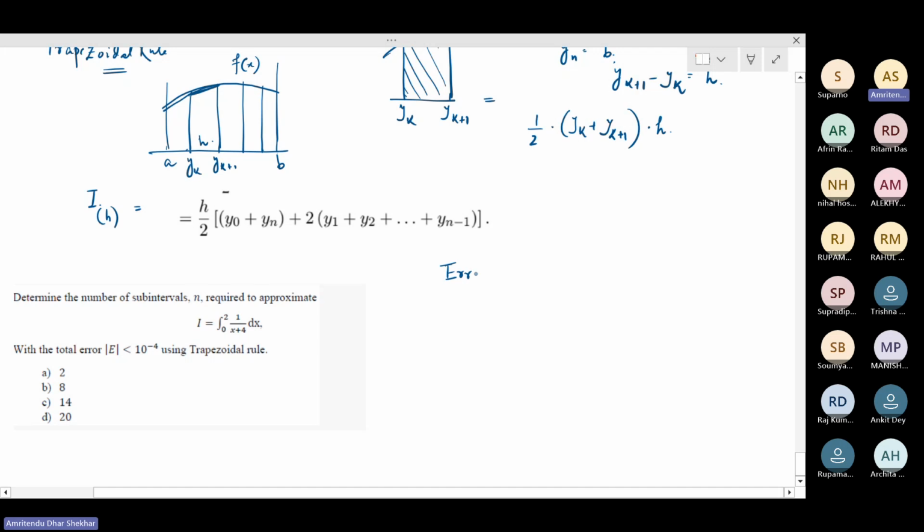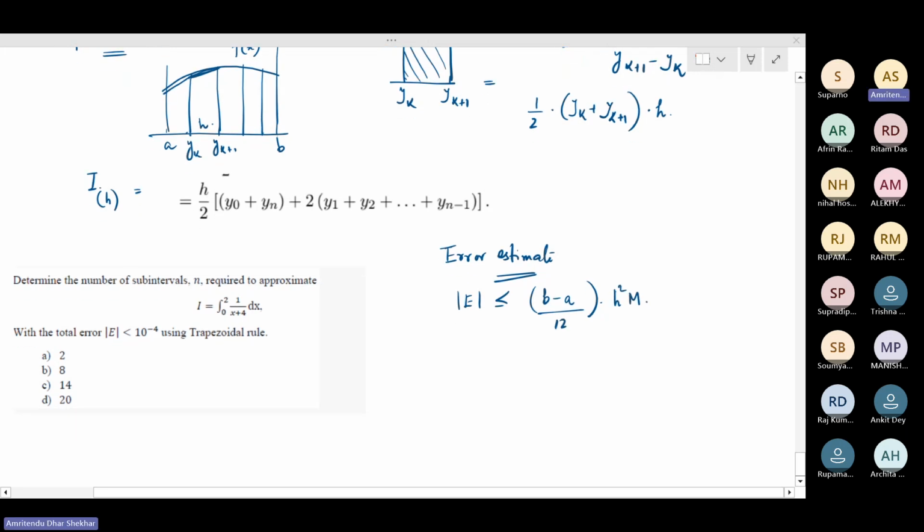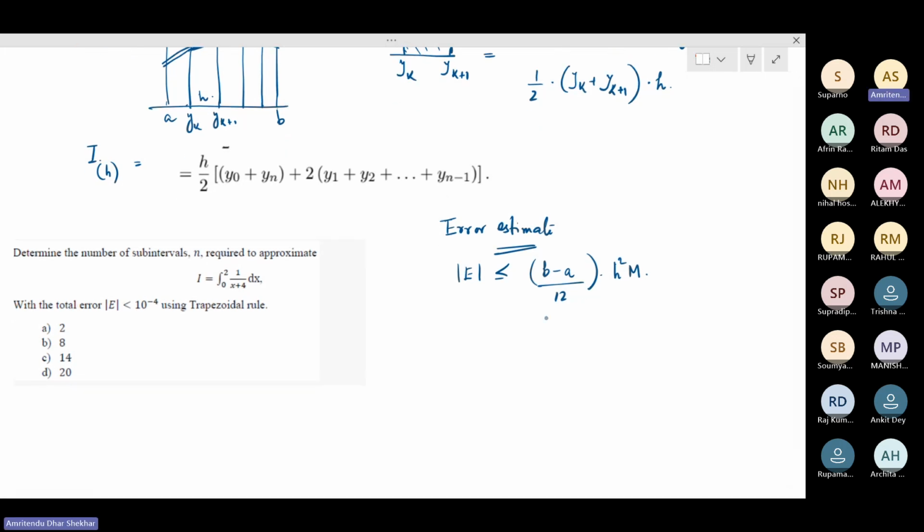This is the error estimate E, given by (b minus a) by 12 times h squared M. And what is this M?